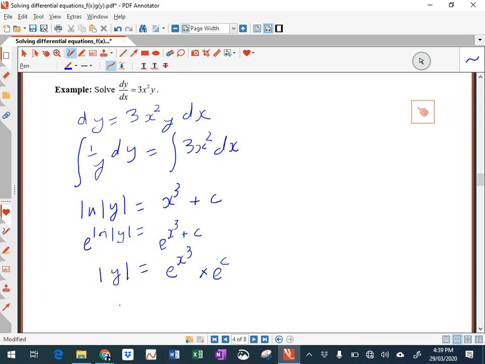Okay. That's going to give you mod y equals, now e to the c is just a constant, so I could write this as a e to the x cubed. Okay. So that is essentially your answer.